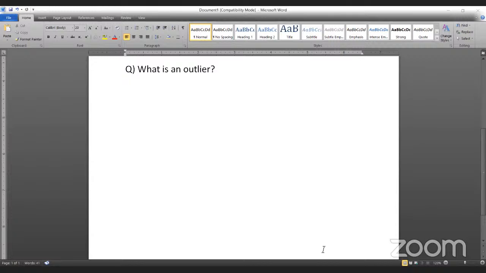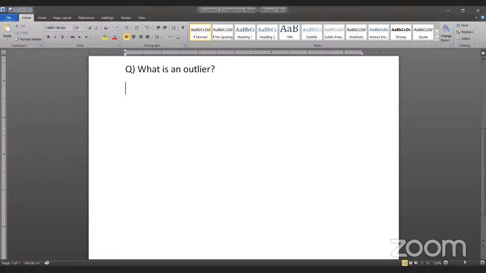Now the next question is how to screen the data set for outliers.